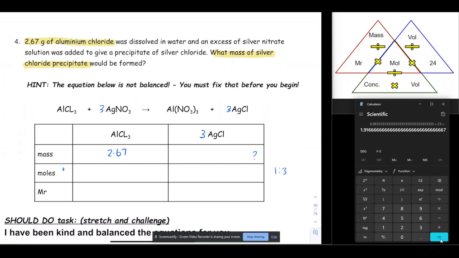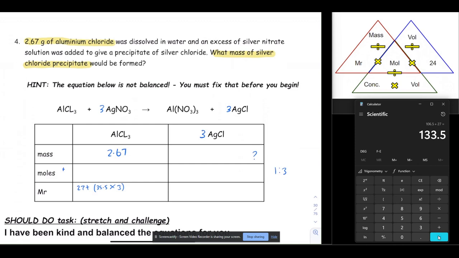I can work out the relative molecular mass with aluminium being 27 and chlorine being 35.5, and I have 3 of them. So let's plug that into my calculator. I've got 3 times 35.5, and then I'm going to add the 27 for the aluminium.